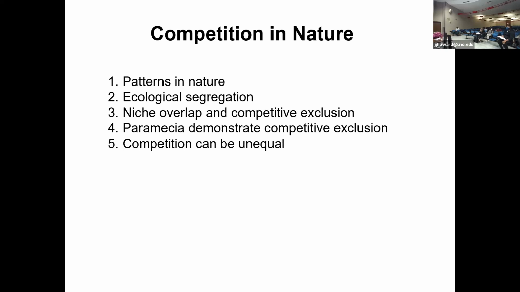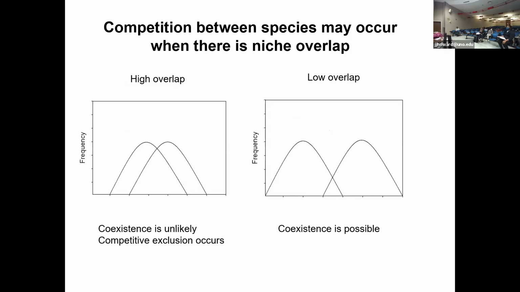So what patterns in competition do we see in nature? Well, we often see similar species that do not occupy the same niche or the same habitat. The niche, remember, is the abstract list of requirements and tolerances.